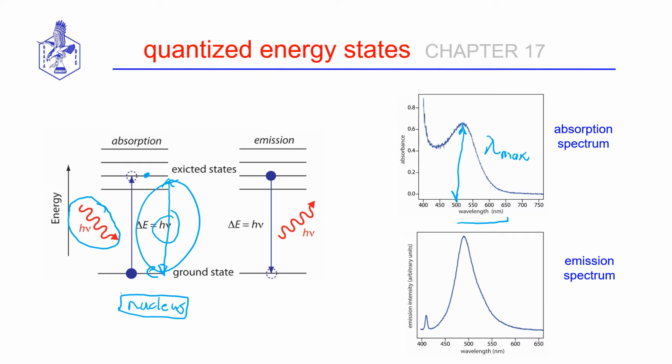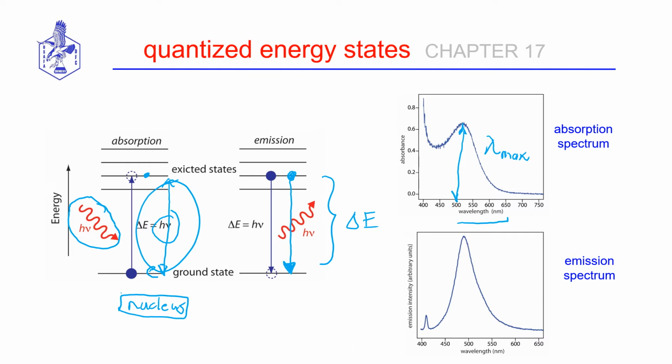With emission, we excite a particle to a higher energy state, and after some time it settles back down to its original and most stable energy state. When that happens, a photon is given off in this magnitude of energy right there.